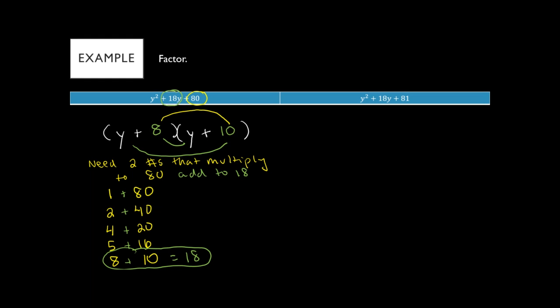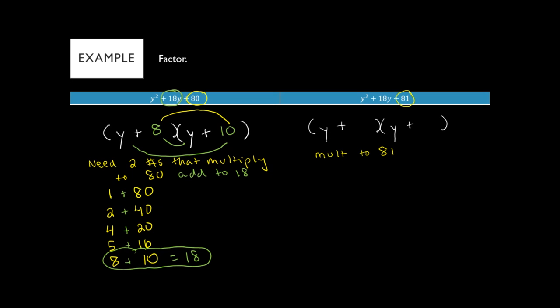So we've got y squared plus 18y plus 81. So I still set it up. My variable is y. They're both plus signs in there, so I've still got plus. In this case, we need to multiply to 81.